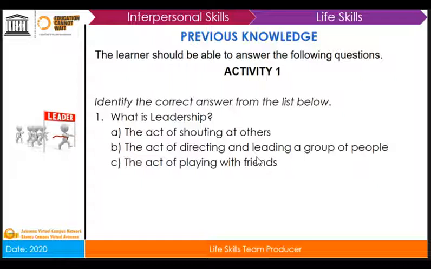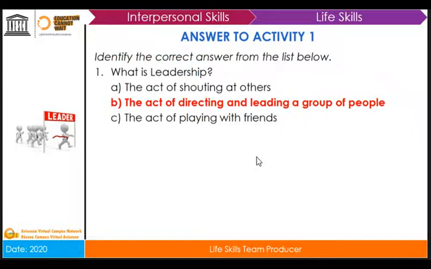B. The act of directing and leading a group of people. C. The act of playing with friends. And the correct answer is the act of directing and leading a group of people.